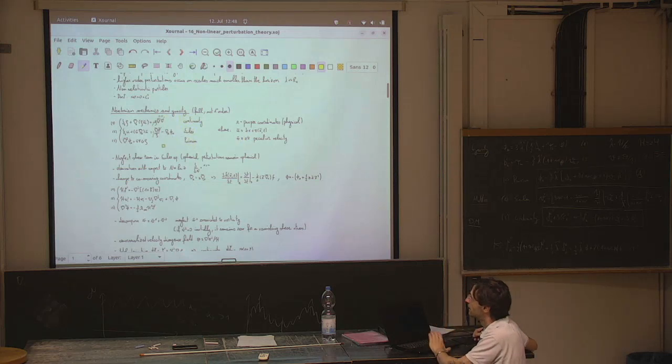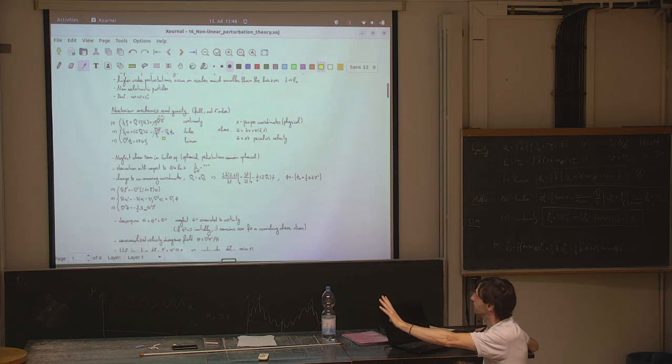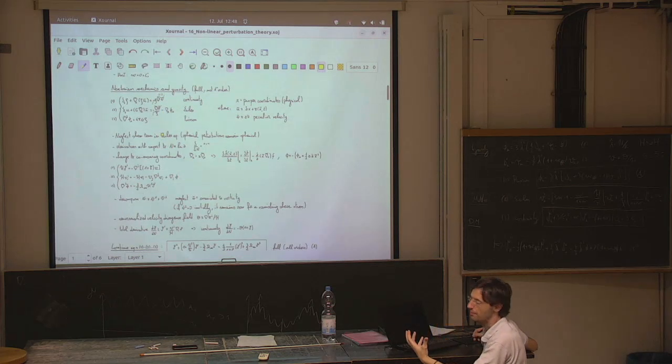And here we didn't introduce any linearization. They are full, okay? They contain all nonlinear terms. They are all there, okay? Then what we do is just a little bit of massaging of these equations. For example, we do derivatives. You see the prime is not anymore with respect to the conformal time, but with respect to n, which is the logarithm of a.